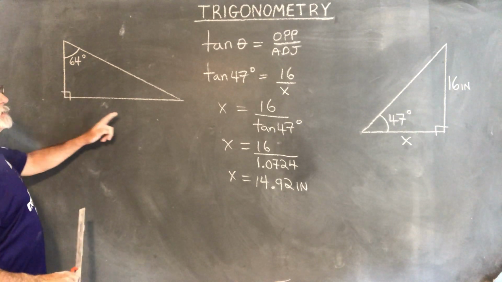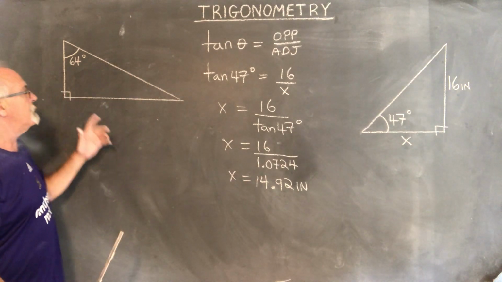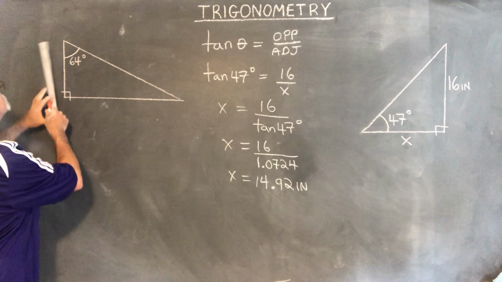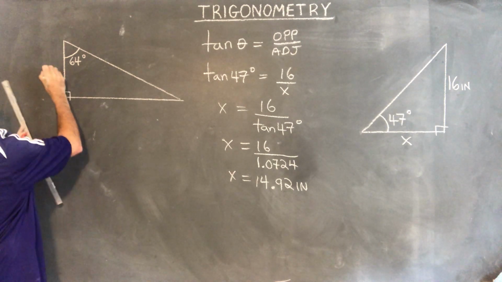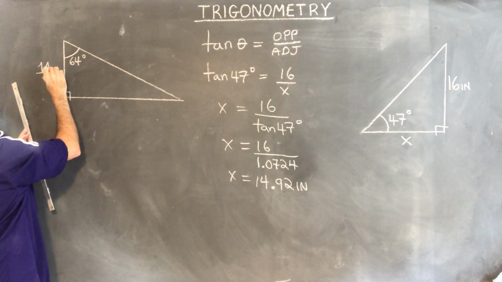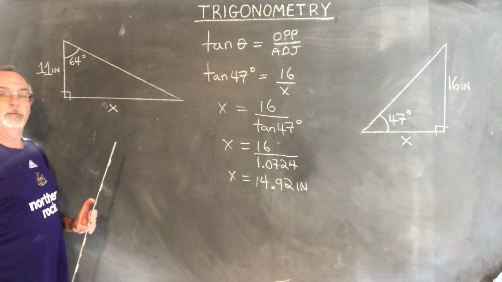In this case, I knew the opposite, and I looked for the adjacent. In my next example, I want to know the adjacent. So measuring this, I will call that 11 inches. Therefore, there's my x. I'm looking for the opposite this time.